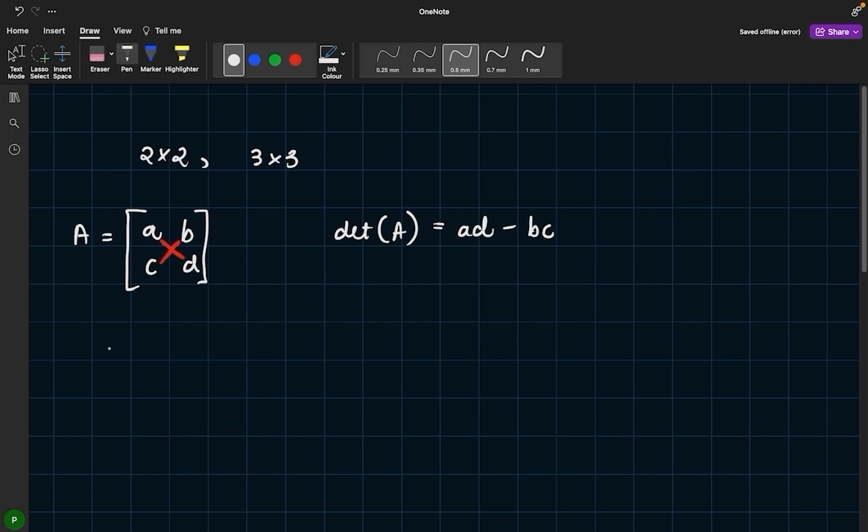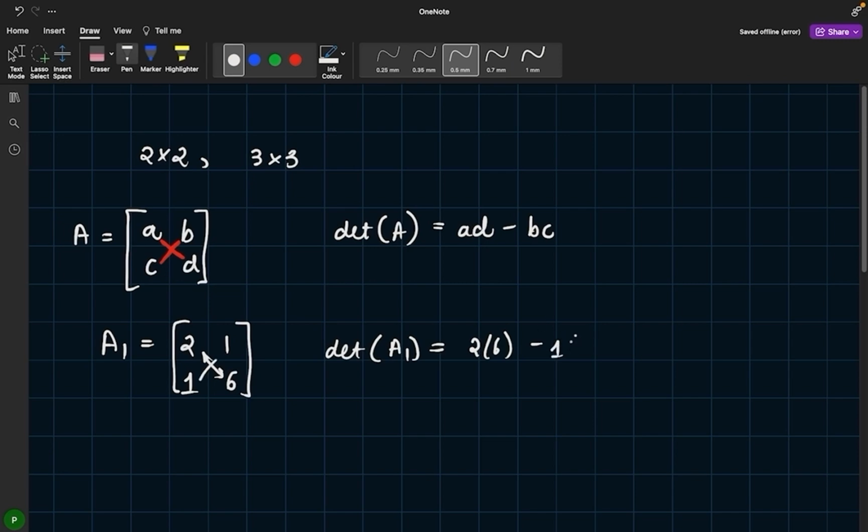Let's do an example. Say there's a matrix A1, which is equal to 2, 1, 1, 6. There you go. There's a matrix, right? The determinant of A1 is going to be 2 times 6 minus 1 times 1. Therefore, 12 minus 1, 11. 11 is the determinant of A1.